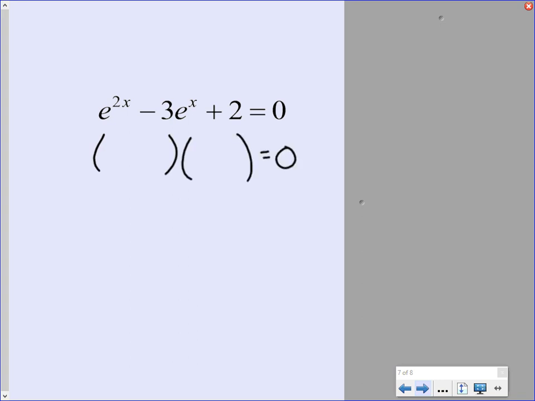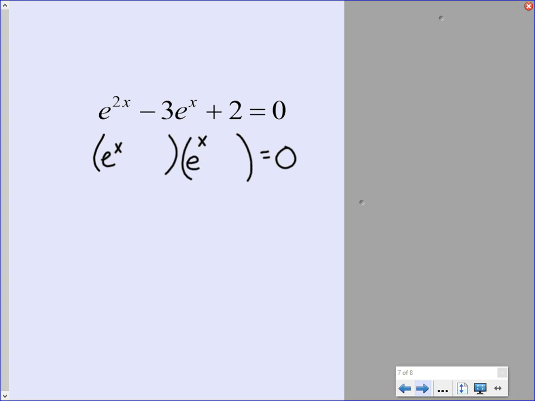And think thoughtfully here. What will be your first terms in both groups of parentheses so you can get e to the 2x? e to the x times e to the x.